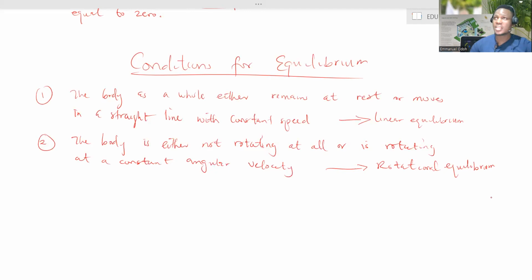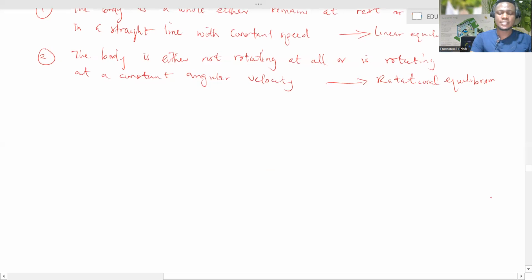Then for the rotational equilibrium, we mean that the body is either not rotating at all, or when rotating, it must be rotating with a constant angular velocity. And very, very important, you must take note of these conditions. So we'll look at equilibrium of parallel forces.